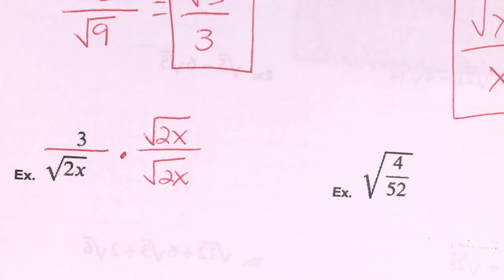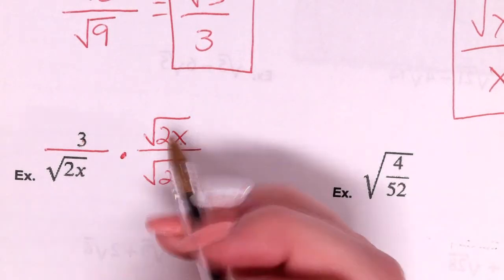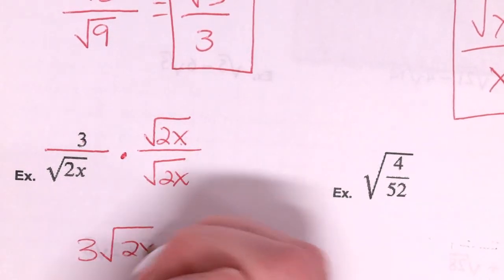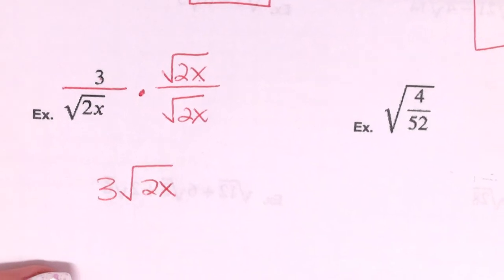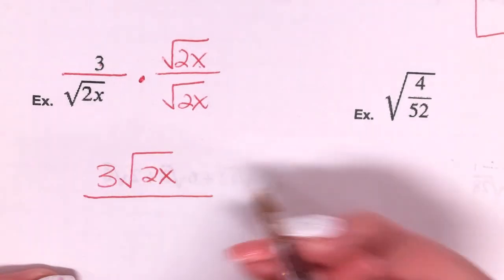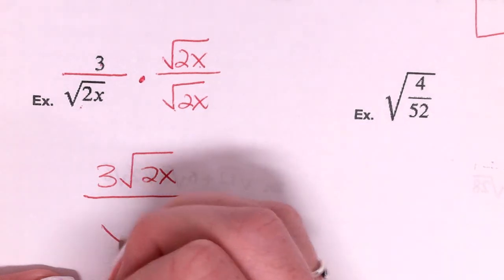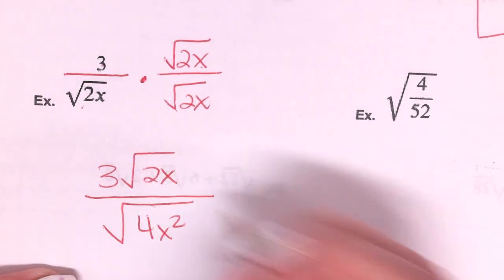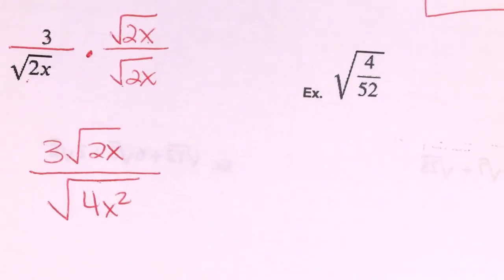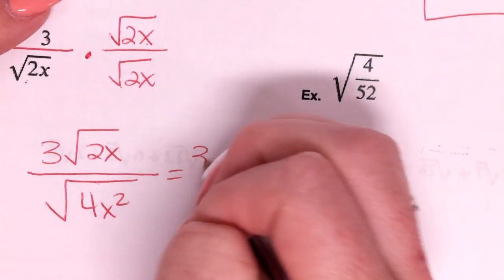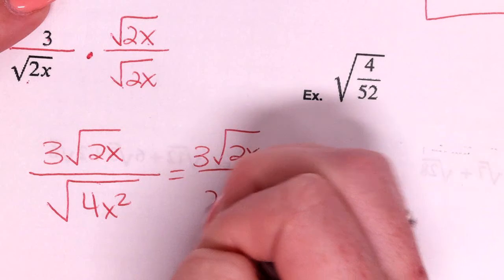Multiply straight across. 3 times the square root of 2x is 3 square root 2x. The square root of 2x times the square root of 2x is the square root of 4x squared. So I have 3 square root of 2x over 2x.